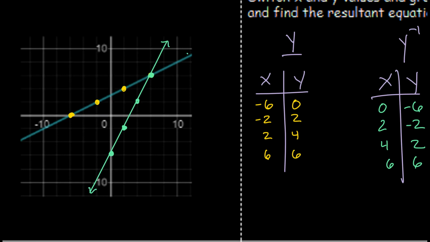So if this original line was y, our new inverse line is y to the power of -1, or the inverse of y.